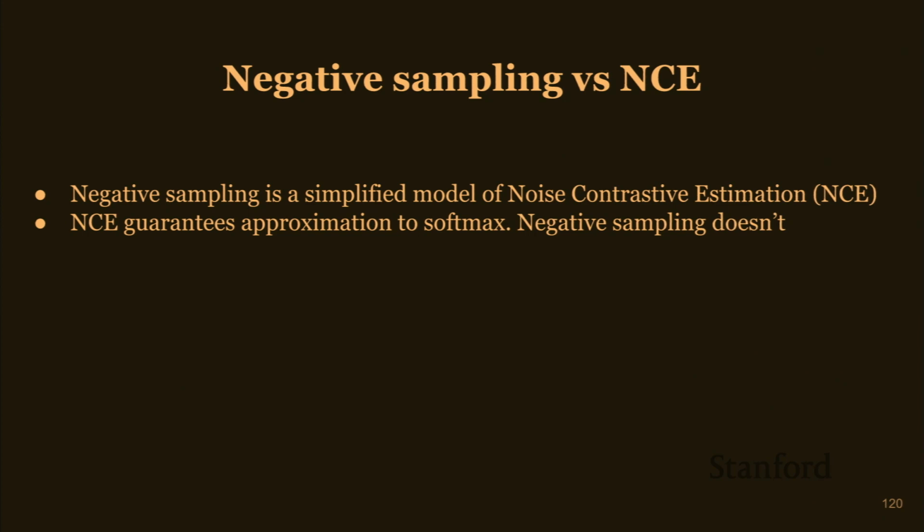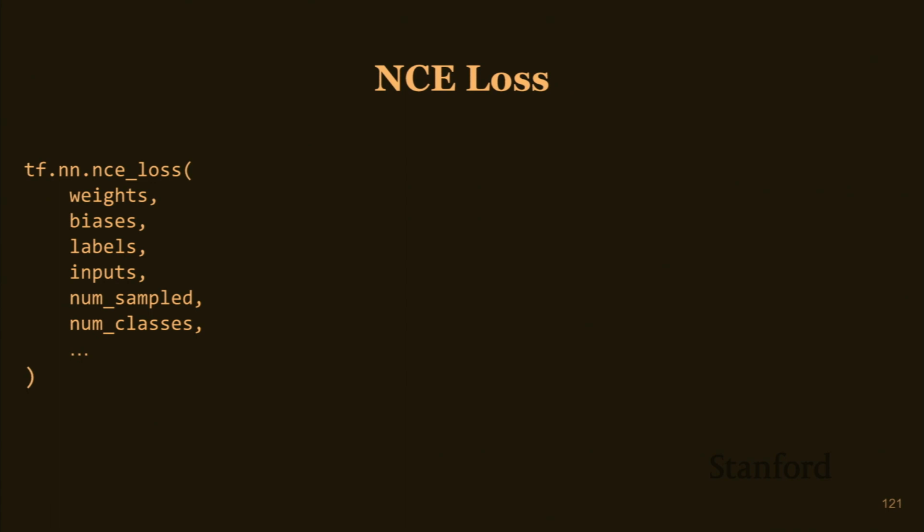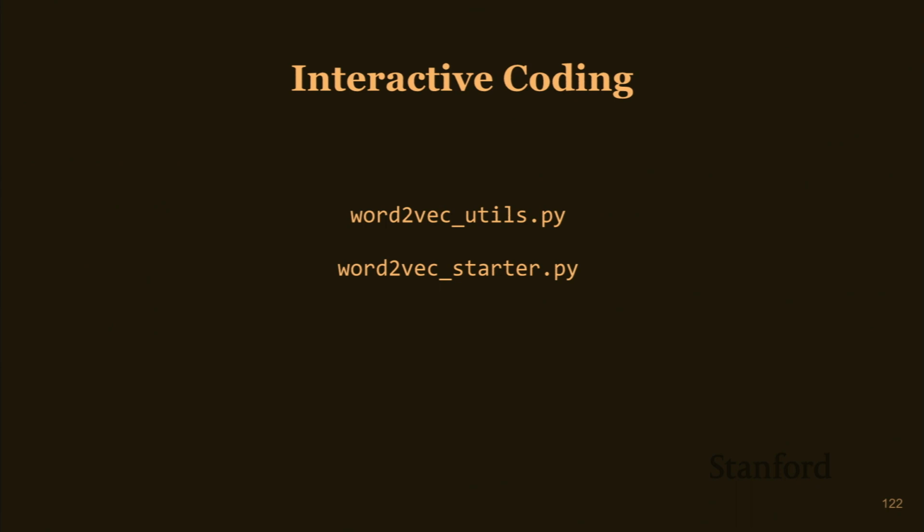NCE does guarantee approximation to softmax as the number of samples increases. So for this example, we will be using NCE loss. Another reason is that TensorFlow has a very nice function for it, so you don't have to write all these complicated things by yourself.